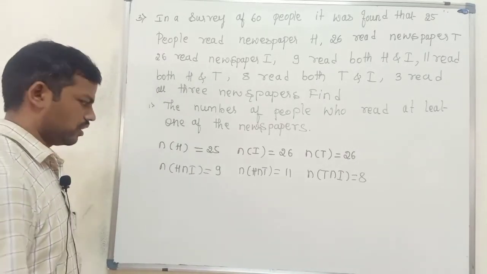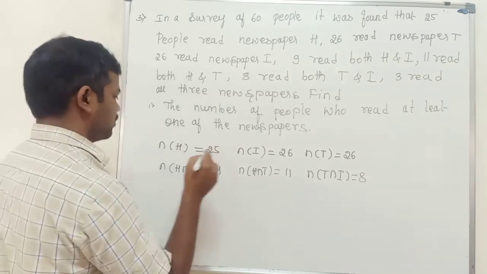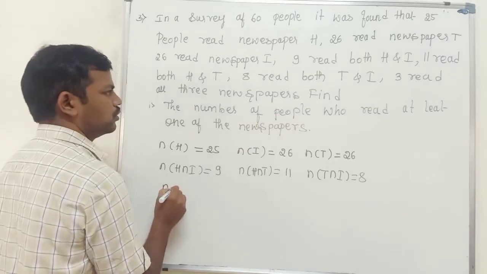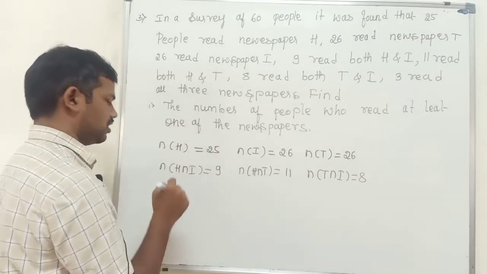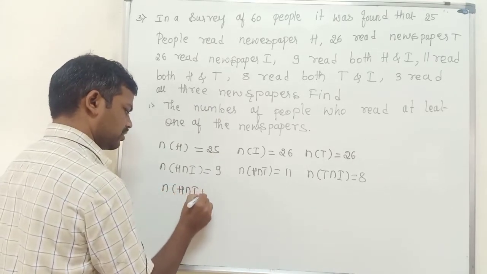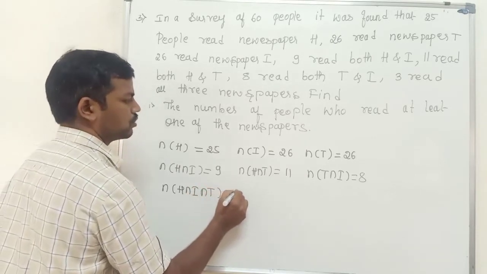Next, what we have to find out: the number of students who read all 3 newspapers, H intersection I intersection T, is equal to 3.